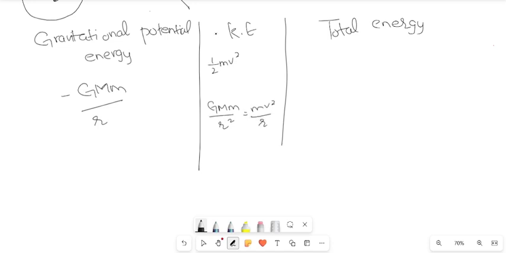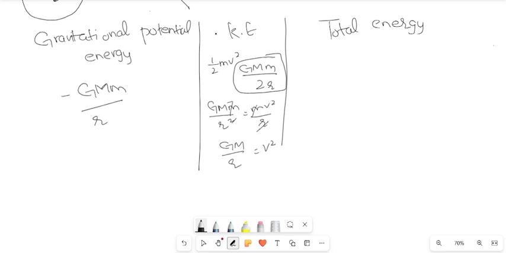This is the formula of centripetal force, and this is the formula of Newton's law of gravitation. We cut m out. This r gets cut as well. So we are left with GM over r equals v square. We know what v square is, GM over r. I just replace this and I get GMm over 2r. That is my kinetic energy.